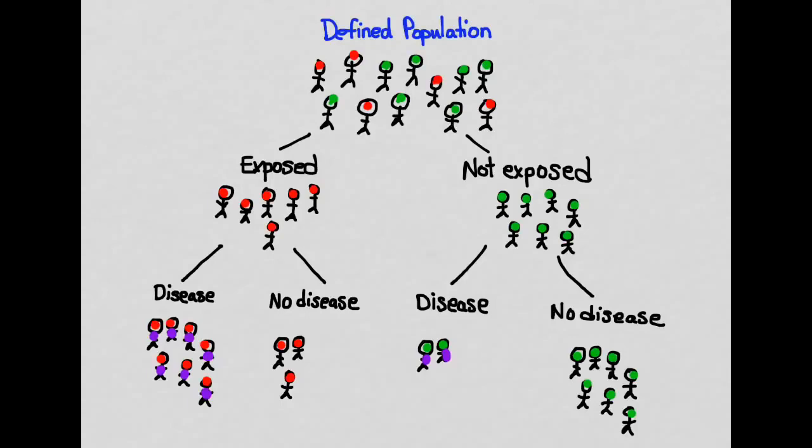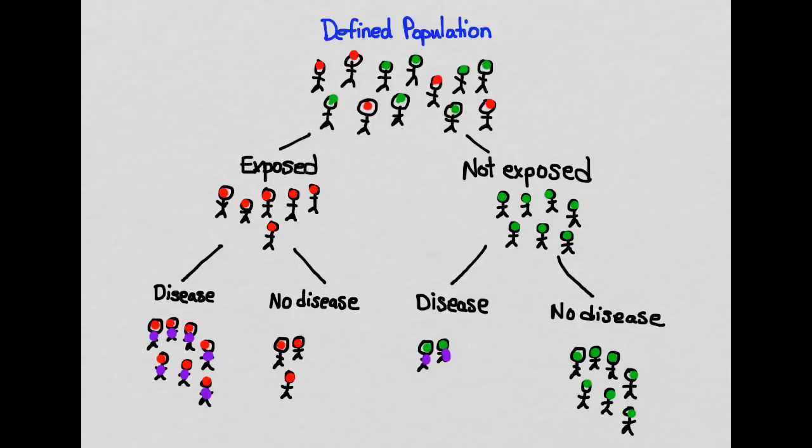And that, in a correlational study, a cross-sectional study, suggests that the exposure is associated with the disease. So this way of breaking down populations into those who are exposed and those with and without the disease should look familiar to you from many of the measures that you've learned about before.